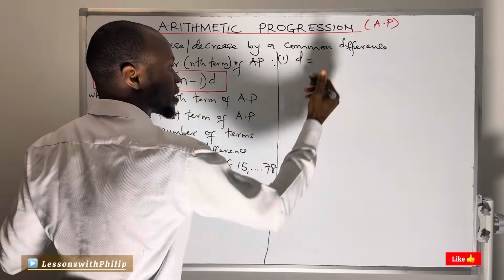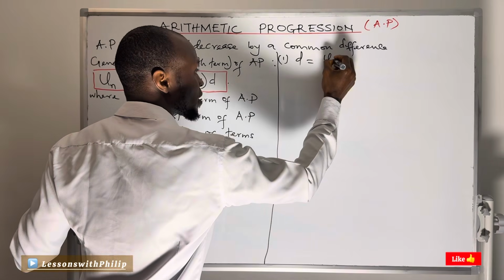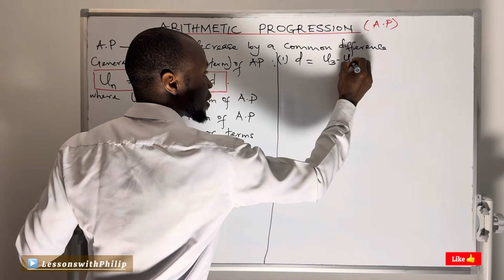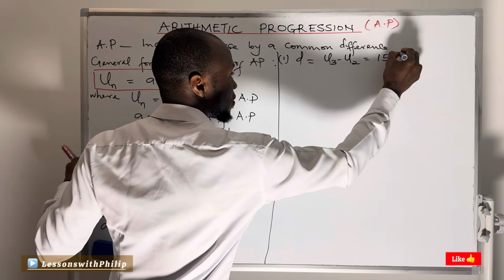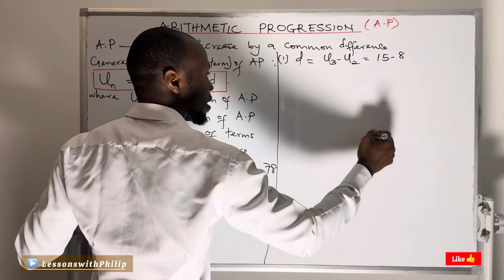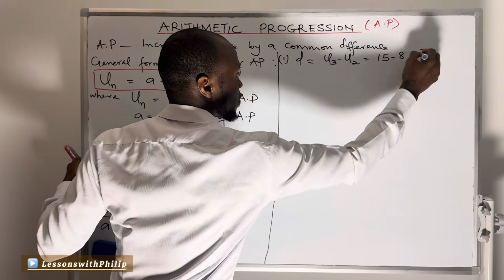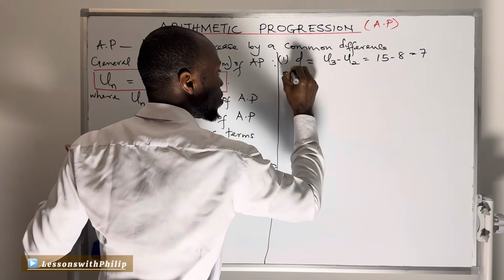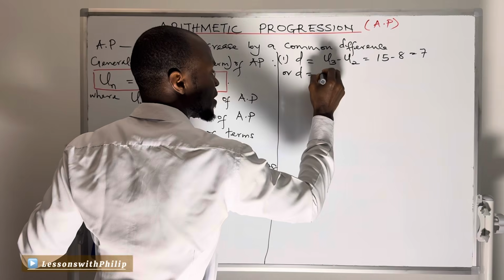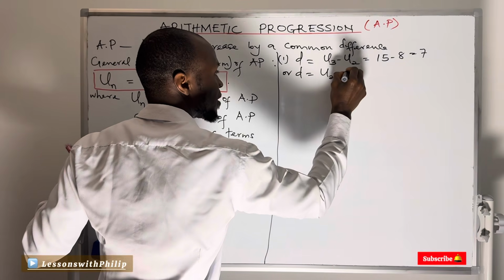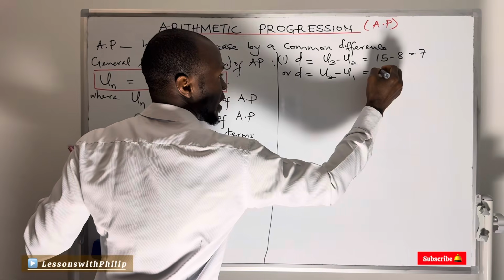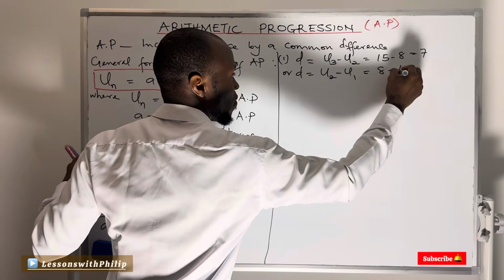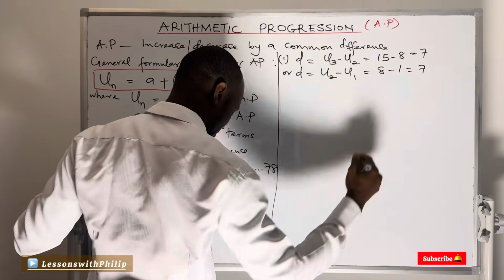In this case, third term minus second term is 15 minus 8, and that will give me 7. Or I can subtract my first term from my second term, that is 8 minus 1. That will also give me 7.